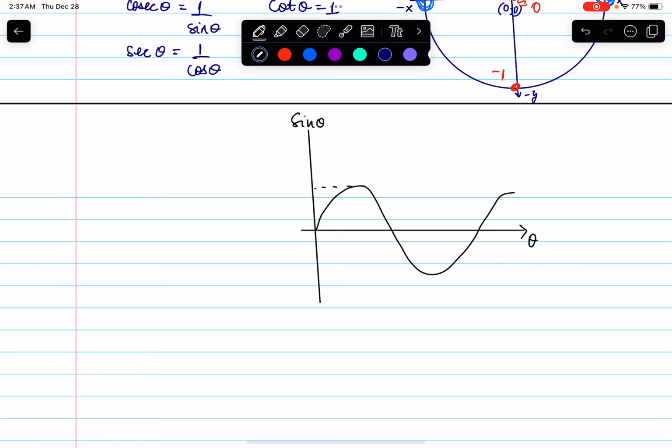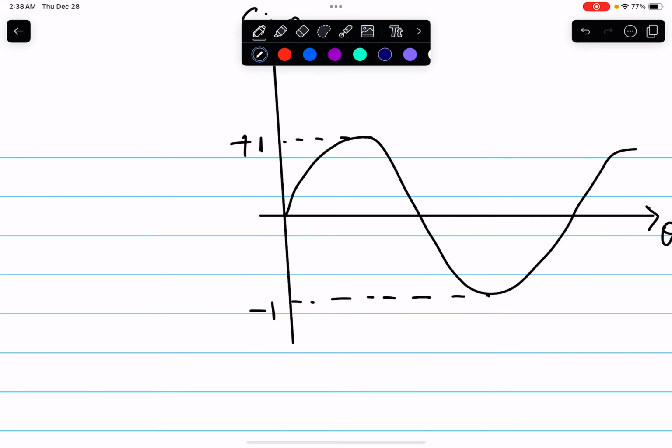This is going to be positive 1, and over here this is going to be negative 1. Then I'm just going to draw the angles. This angle over here is going to be 90 degrees. This is going to be 180 degrees. Over here, this is going to be 270 degrees. And this is going to be 360 degrees.